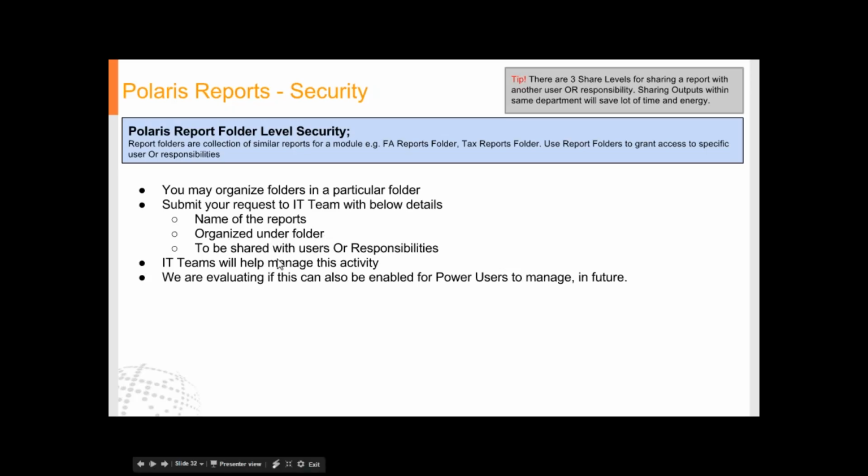And then which users or responsibilities these reports will be shared with. So if you want IT to manage that, IT can help you manage and organize your reports at a centralized location. All right, so IT teams will manage these activities. However, we are evaluating with the vendor whether these can be enabled for power users, and we will let you know once this feature is available.